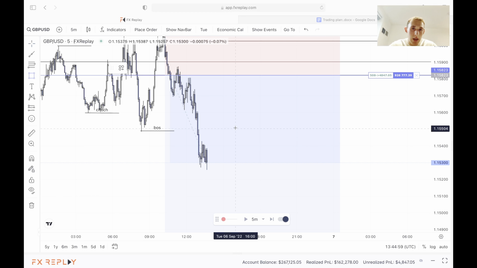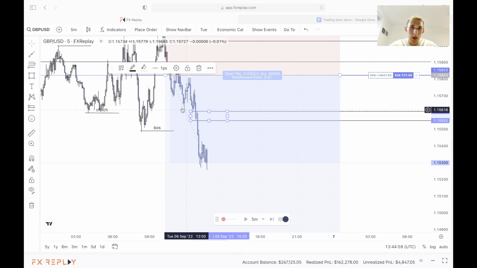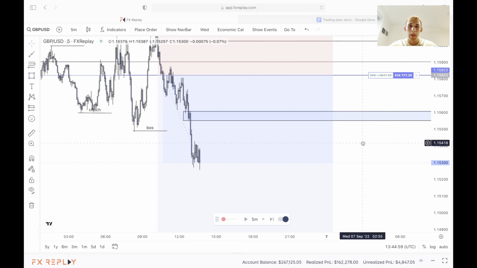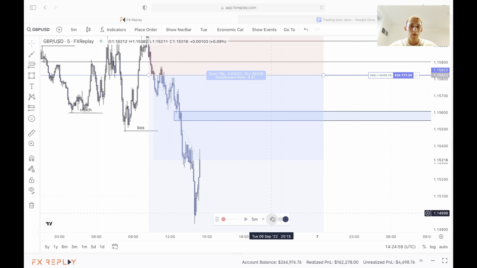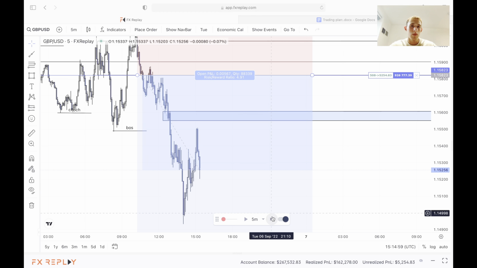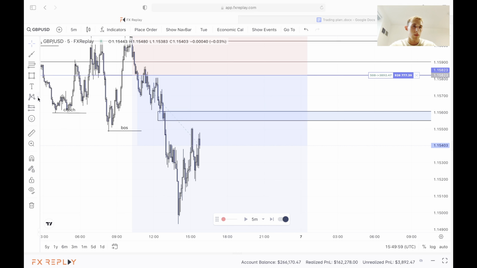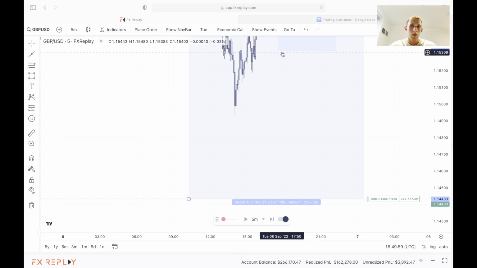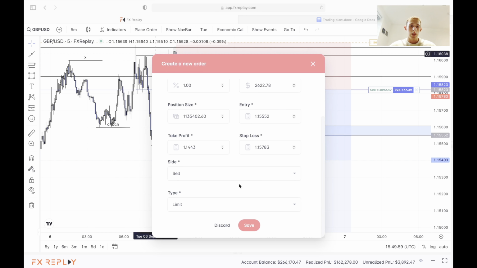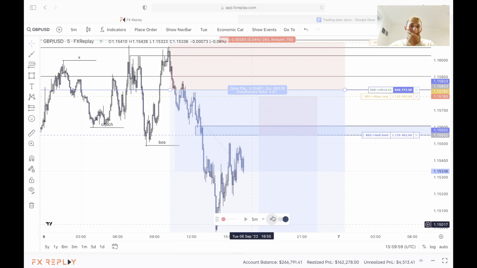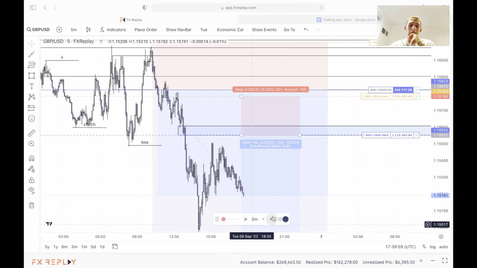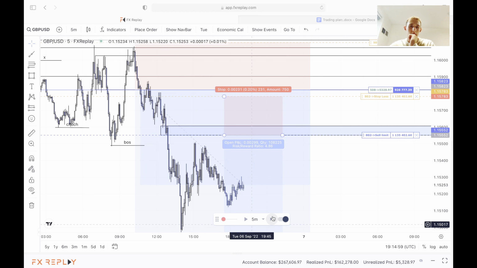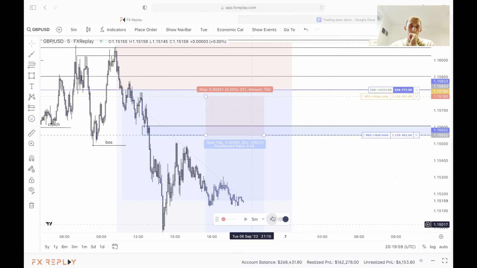We could also see maybe price pull back here for a re-entry. I would make this first entry break even as well, if this one does tag in, which it might not.